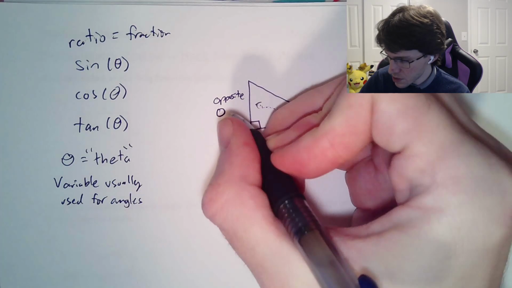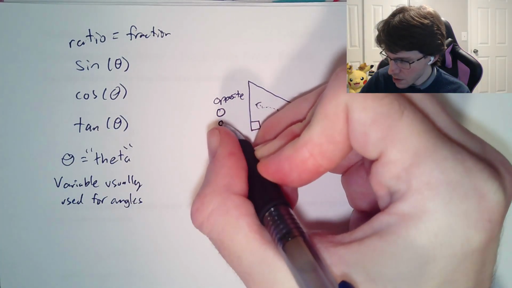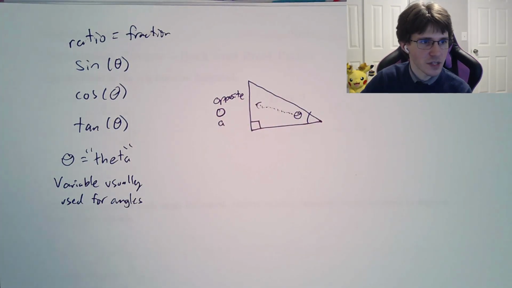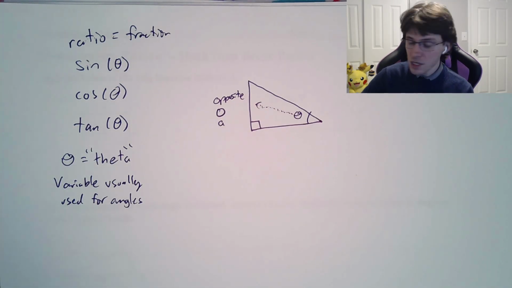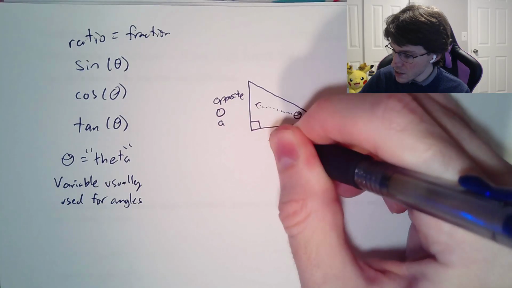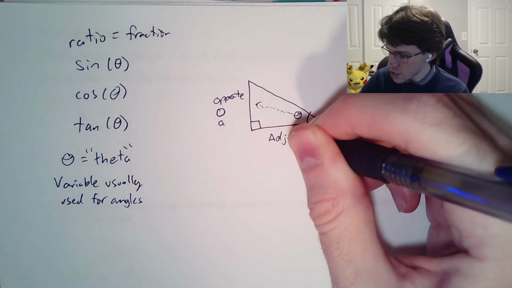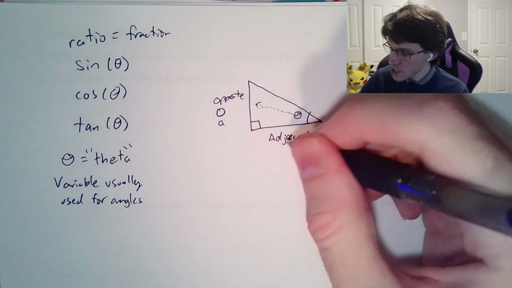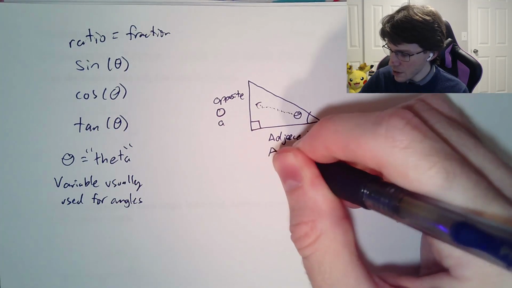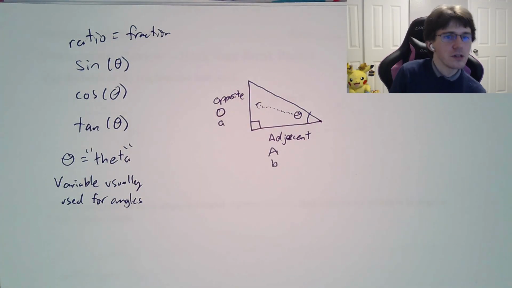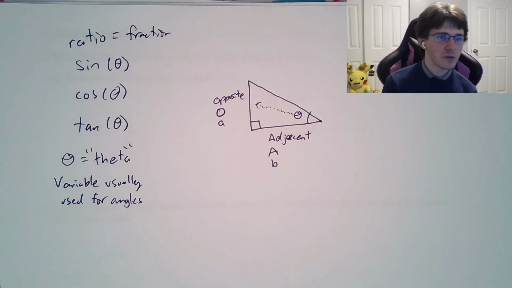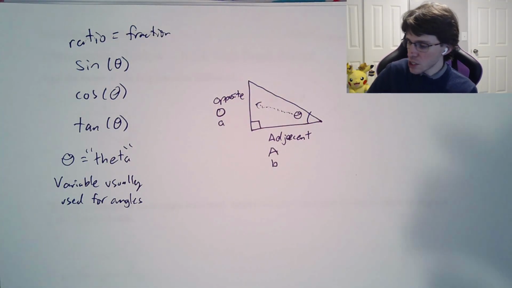Sometimes we also use the letter A, so we can maybe use a little lowercase a, which is a little bit annoying because the other one that's nearby is called the adjacent. And the adjacent here, which sometimes is done with a big capital letter A or a lowercase b, isn't that wonderful, as the choices that maths have chosen. And the word adjacent just means next to.